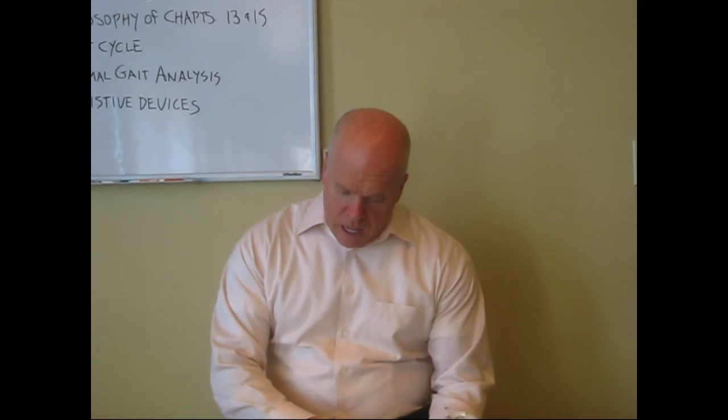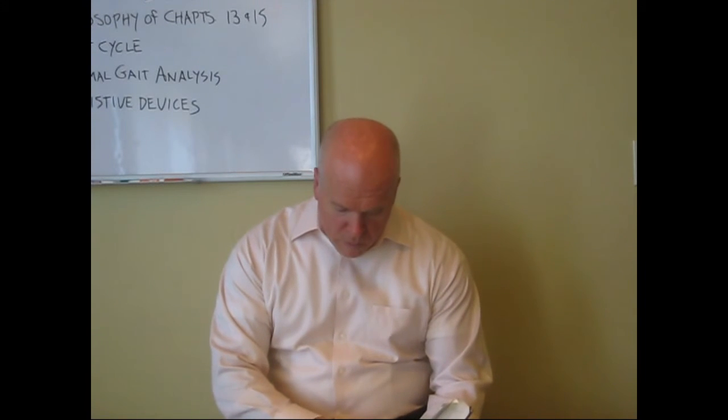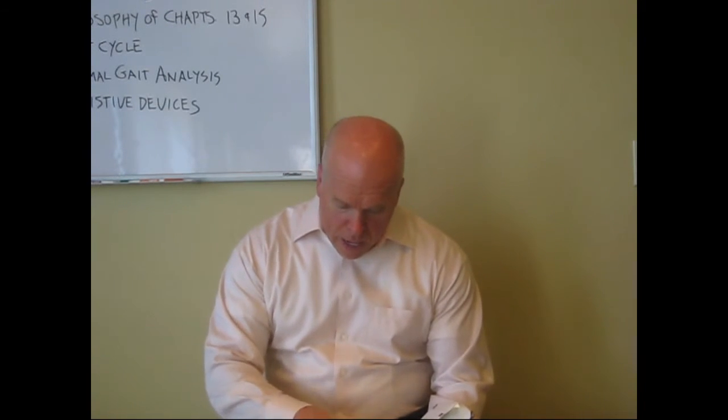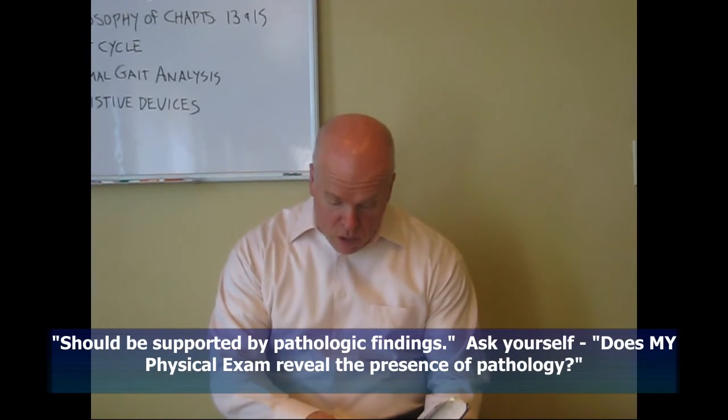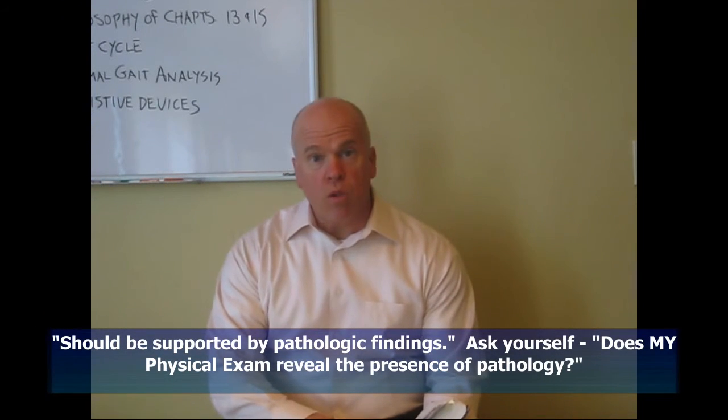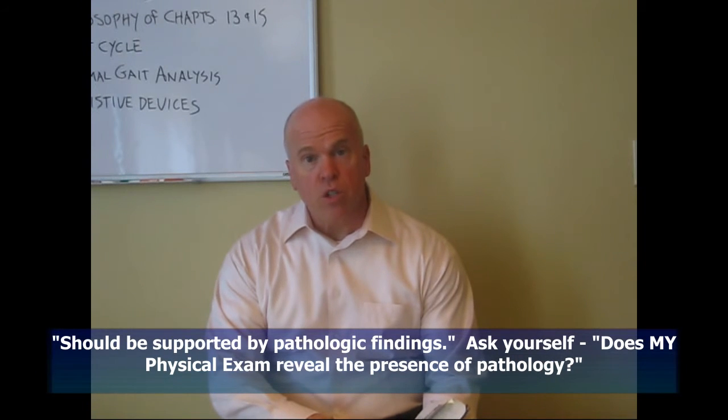And the AMA guides state here in section 1712, an impairment rating due to a gait derangement should be supported by pathologic findings, such as x-rays. How about also by physical exam? Shouldn't it?